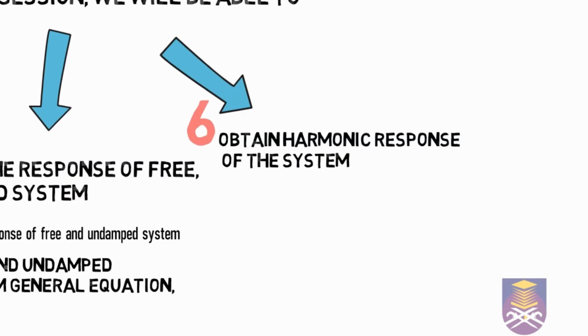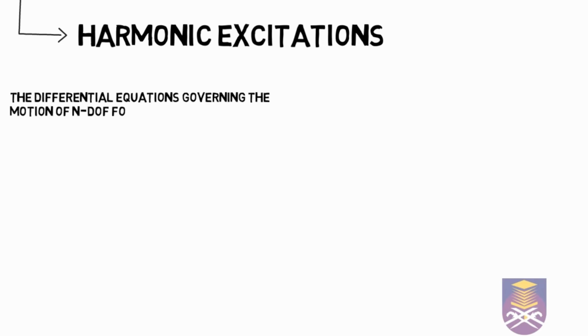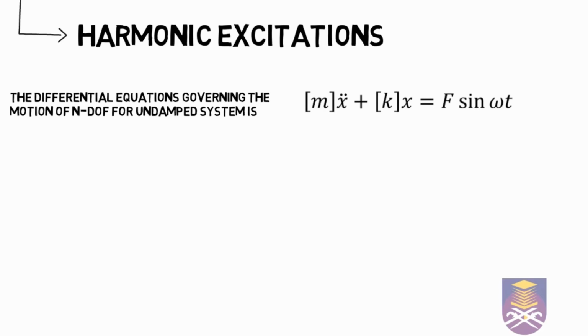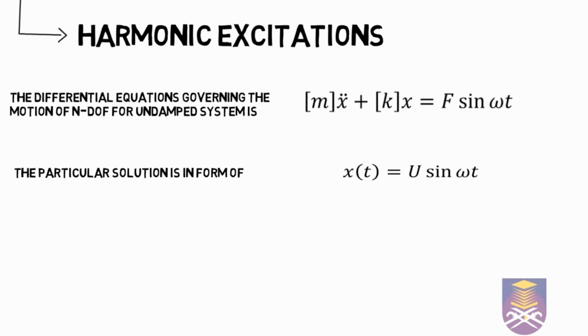Proceed to number 6, harmonic excitations. The differential equation governing the motion of an n degree of freedom undamped system is M x double dot plus K x equal to F sin omega t. The particular solution is in the form of x(t) equal to U sin omega t.